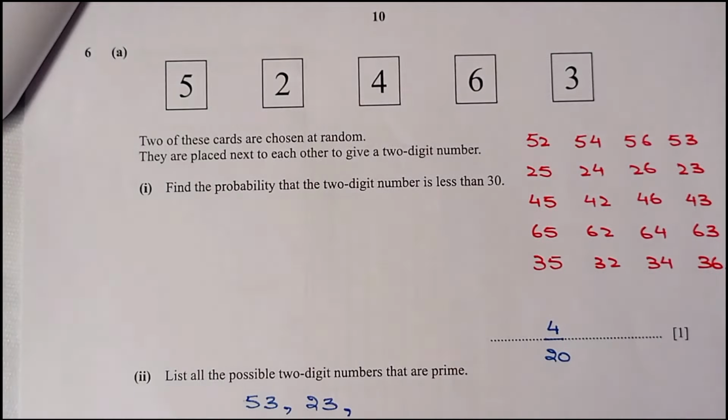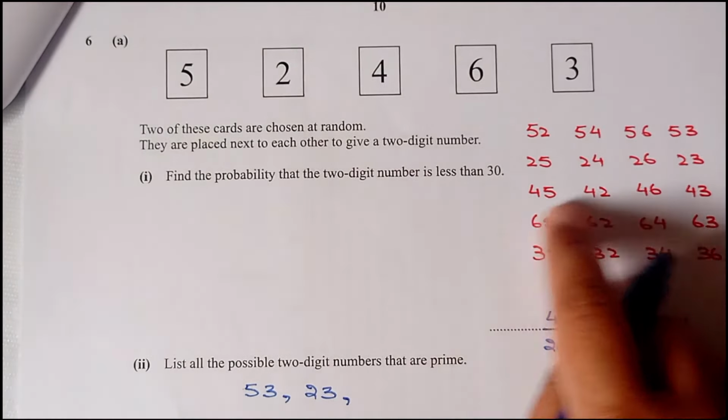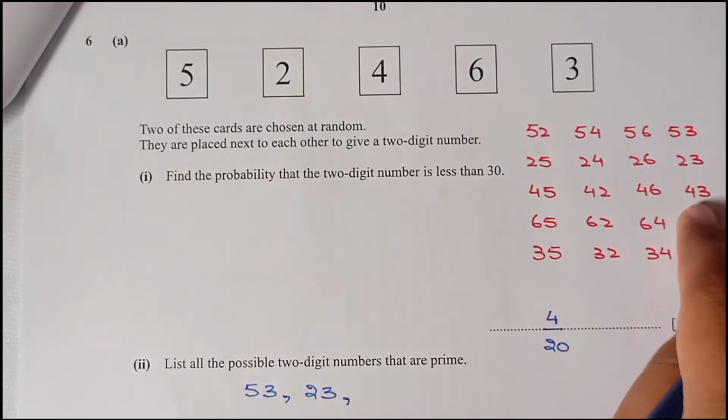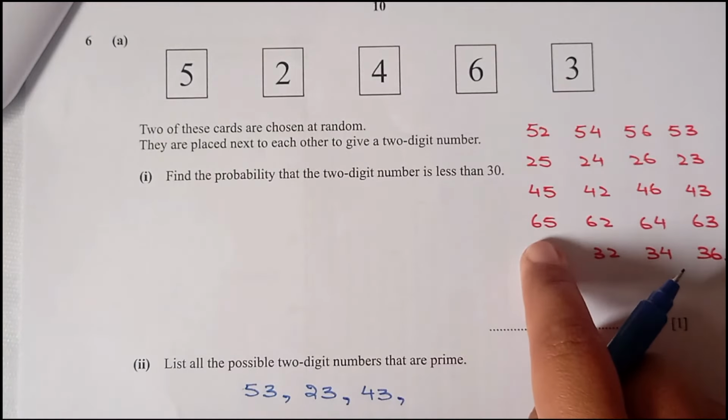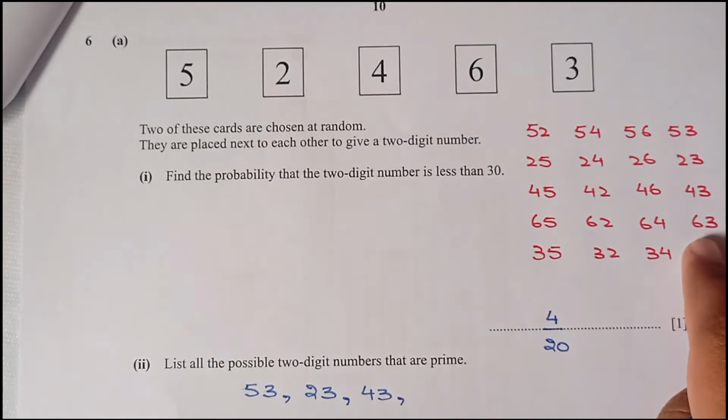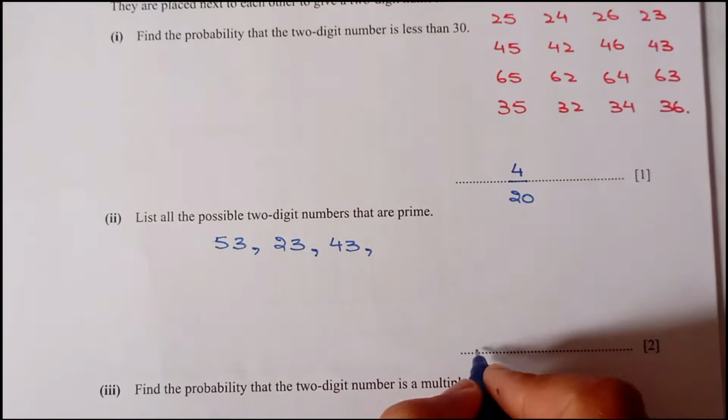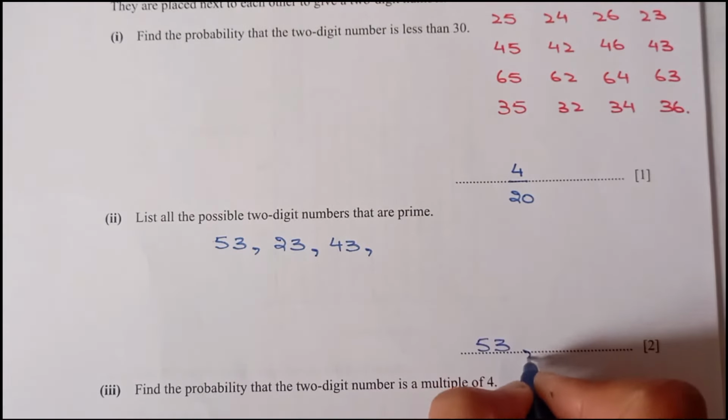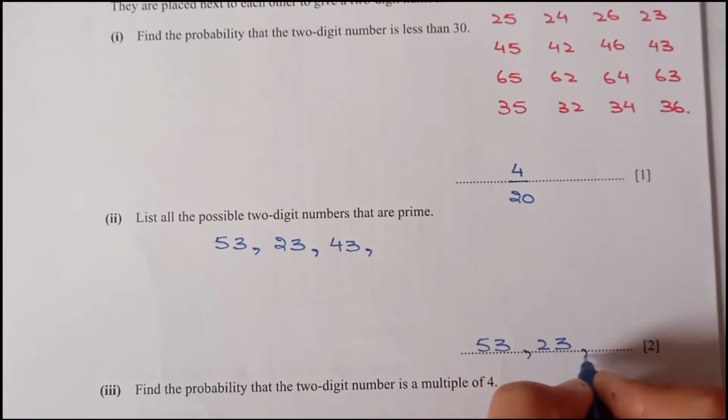Then we have 45, 42, 46, 43: 43 is a prime number. Then 65, 62, 64, 63. And then 35, 32, 34, 36. Yes, these three are the prime numbers. So the two-digit numbers that are prime are just 53, 23, and 43.